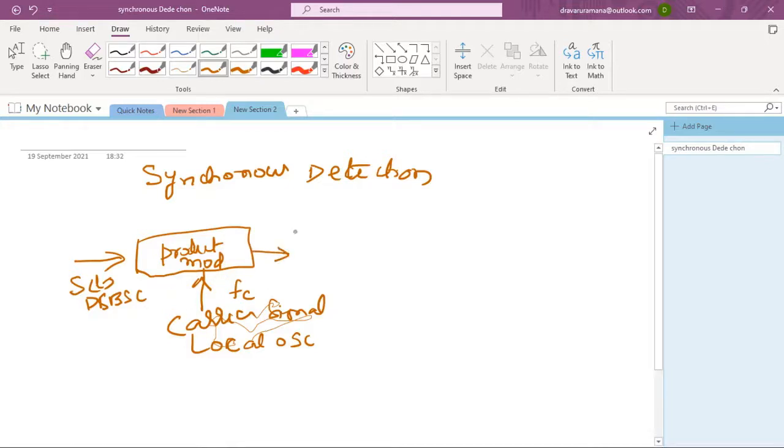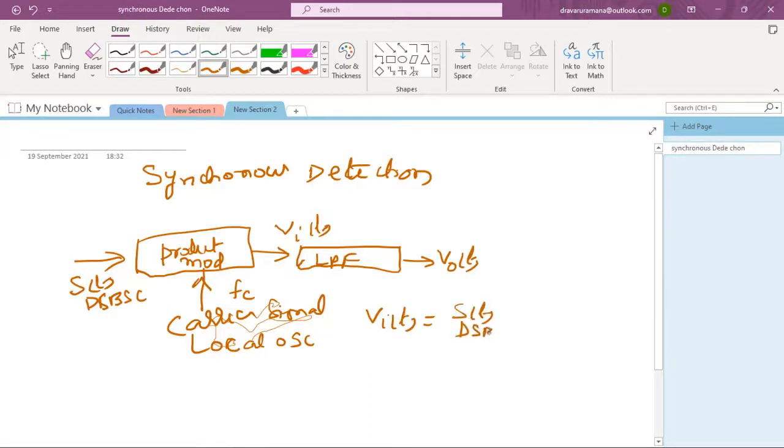So here we are getting a signal vi(t), which is nothing but DSBSC signal multiplied by the local carrier. Then pass it through the low pass filter. We get the output v0(t). So vi(t) is nothing but the DSBSC modulated signal multiplied by the local carrier.